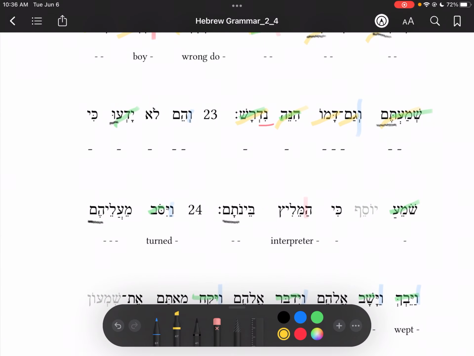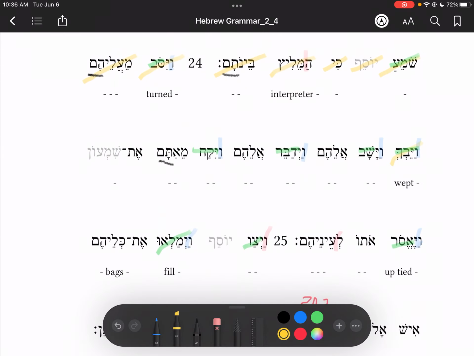Carry on in 23. Vehem lo yad'u ki shomea Yosef ki hamelitz beinotam, veyisov me'aleichem vayevk, vayashav aleihem vayedaber aleihem, vayikach me'itam et Shimon, Simon, or Simeon, probably.